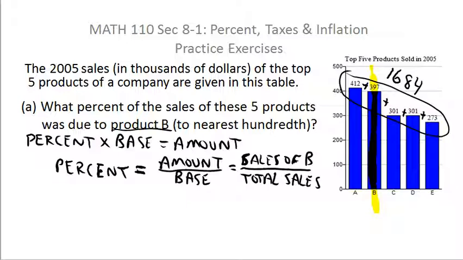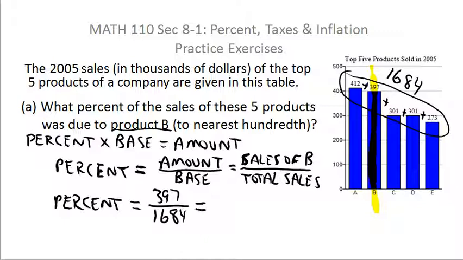Now think about this a minute. We're doing a percent. We're comparing product B sales to total sales. That means that the percent would be 397 over the total sales for all the products, which is 1,684.